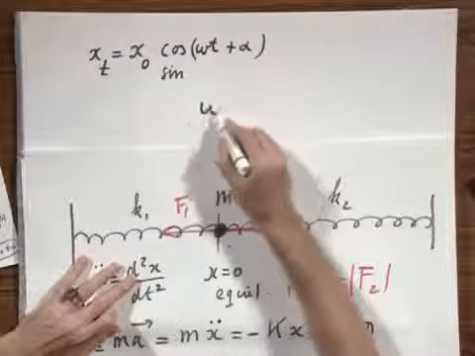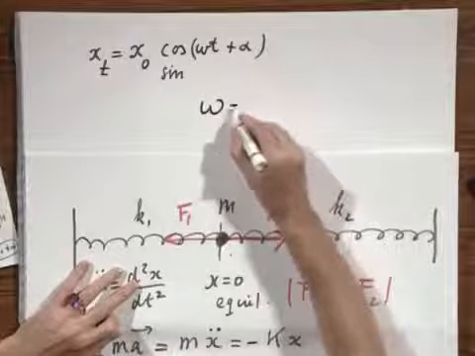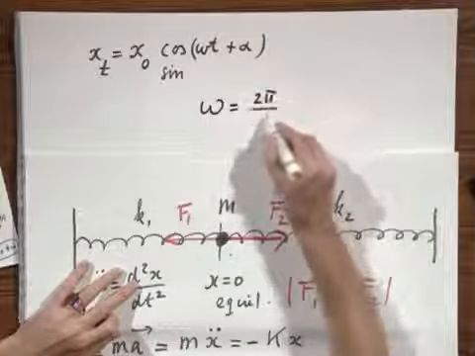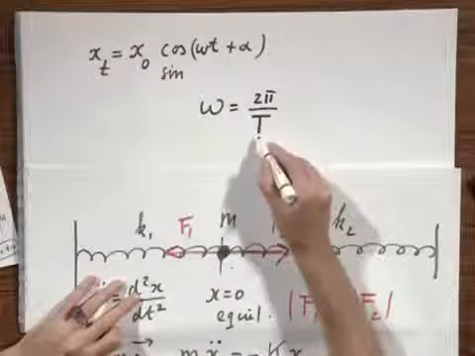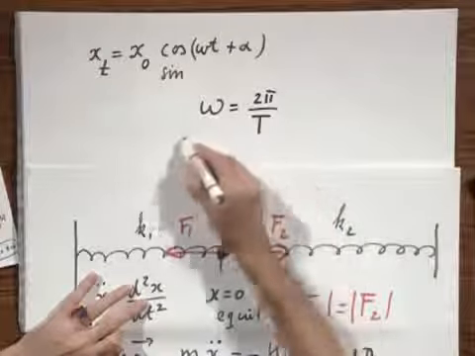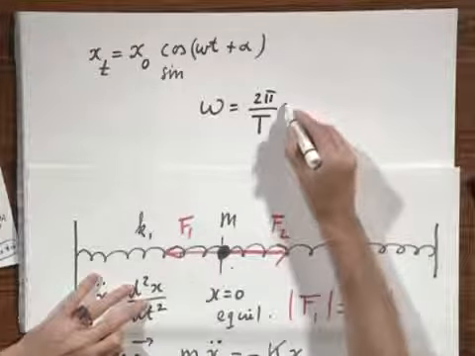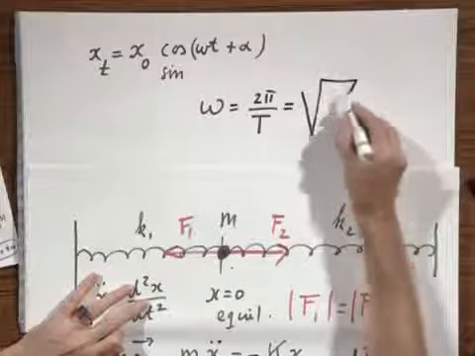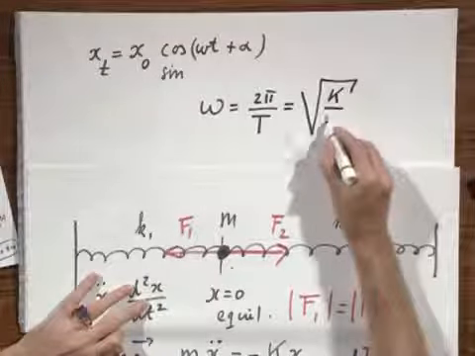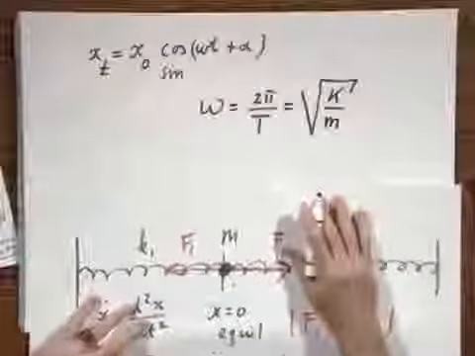Omega we call the angular frequency, which is 2 pi divided by period T. This has nothing to do with tension. This is the number of seconds for one complete oscillation, and that is the square root of k over m.